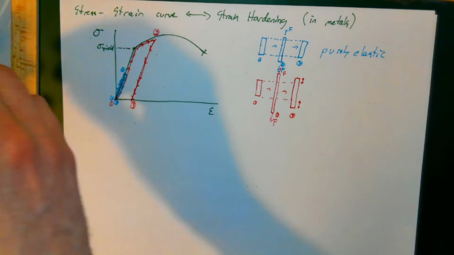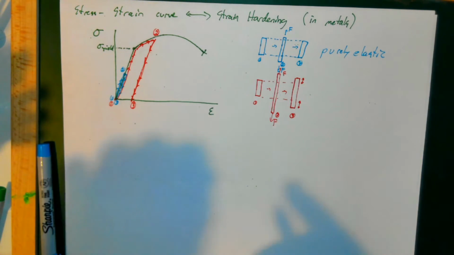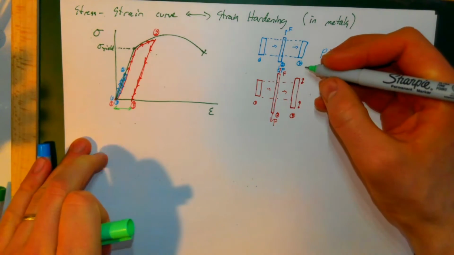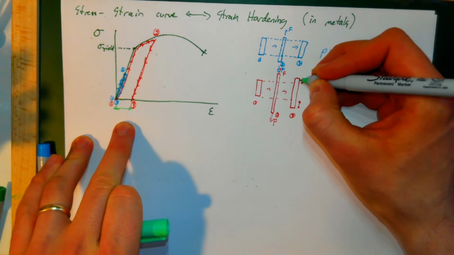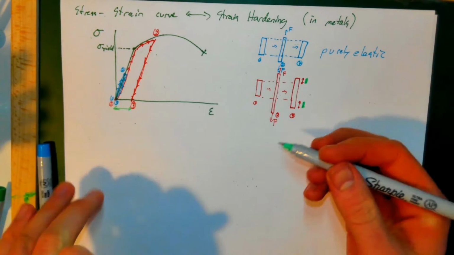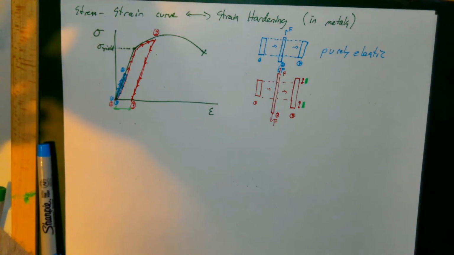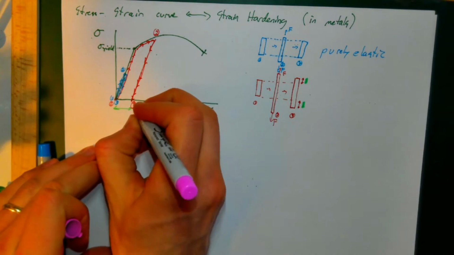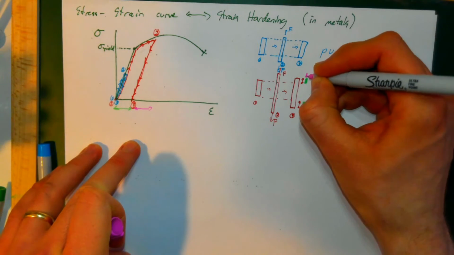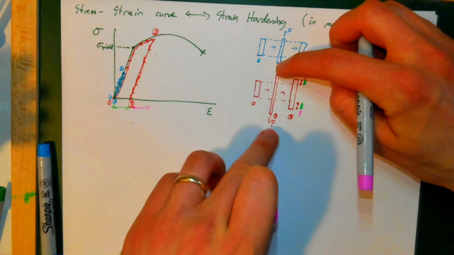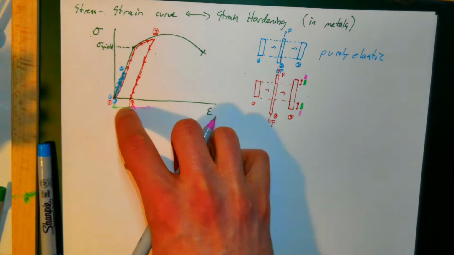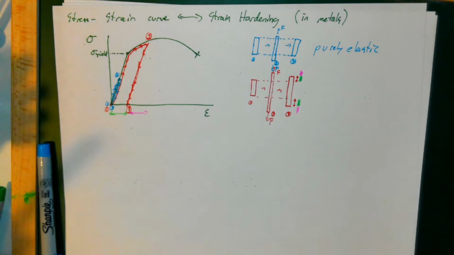So if we wanted to do a little bit of color coding, this region right here, this permanent strain, is this part of the deformation, and this pink part right here is basically the elastic part. So I stretched out, the elastic part went down, but the green part, that green strain, is left over in the material right there.